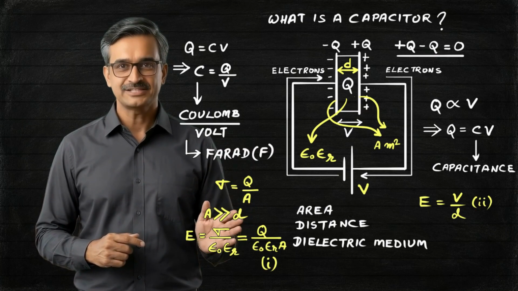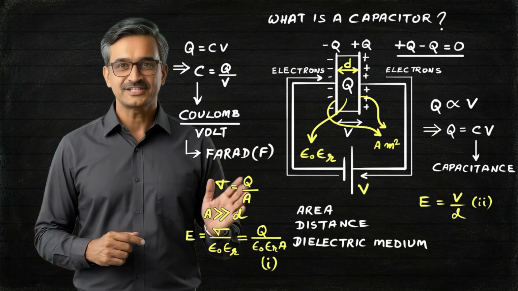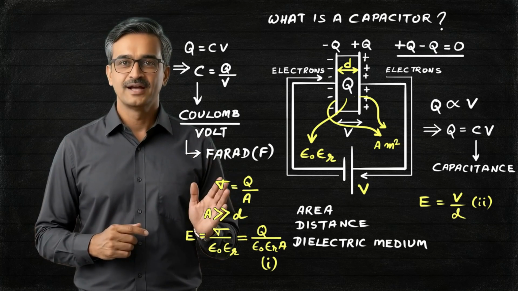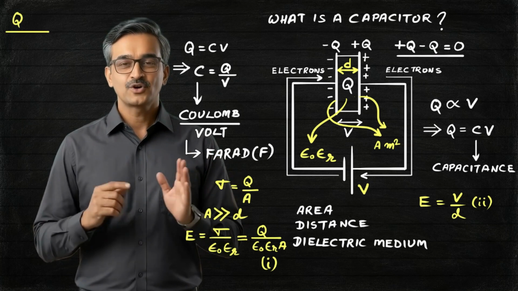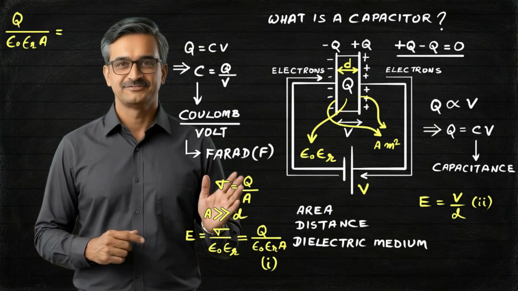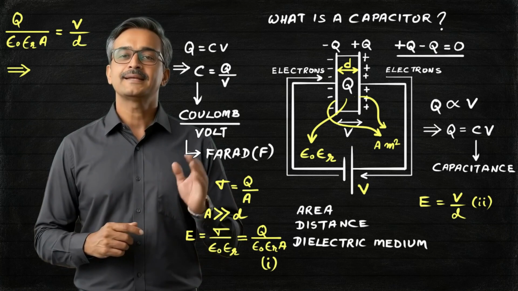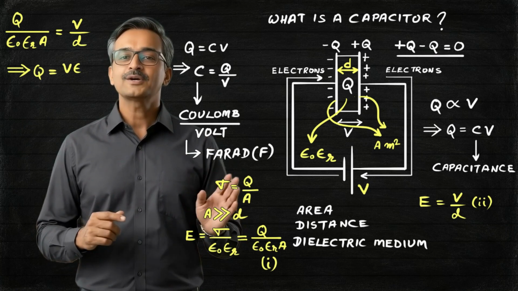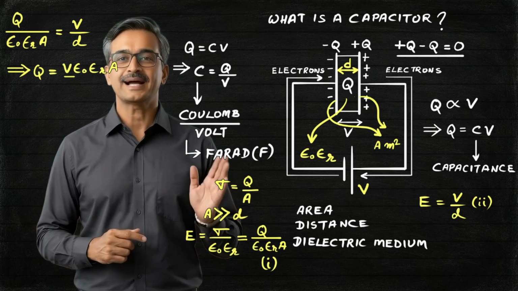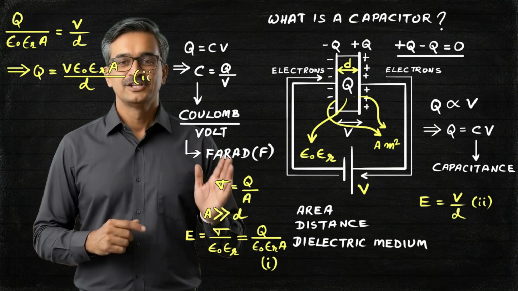Since both of these expressions describe the same electric field E, we can set them equal to each other. Q divided by epsilon naught epsilon r A equals V over d. Rearranging this to solve for Q, we get Q equals epsilon naught epsilon r A V divided by d. Let's label this equation 3.